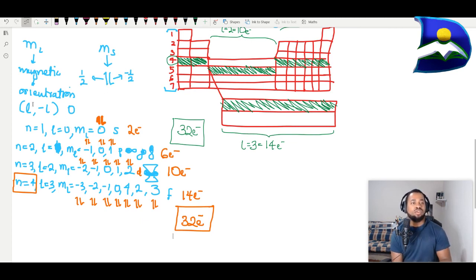Any electron in a particular atom has a different combination of all four quantum numbers. One electron always has a unique combination. No two electrons will have the same. That is where the Pauli exclusion principle comes into play in terms of the spin quantum number, and how we are able to get the total number of electrons, which in this case is 32.